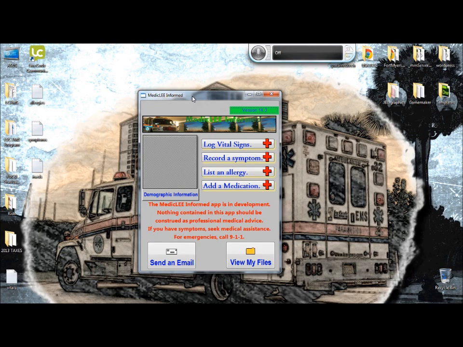But just to give you a brief idea of what it's supposed to do, it's basically an app designed for education, both patient education and provider education, as a means to kind of speed up productivity, centralize all the information. One's medical information is very important to us in helping to reach a diagnosis.